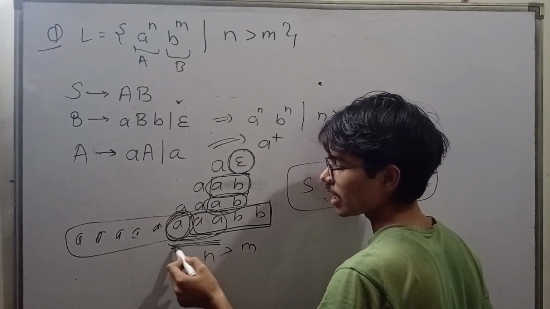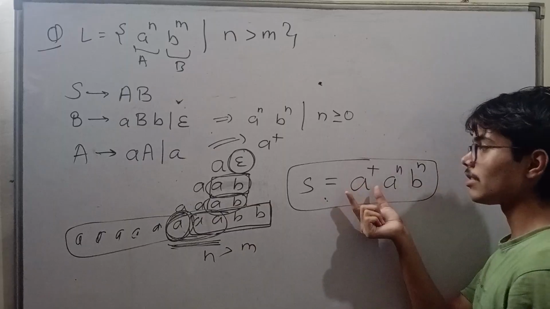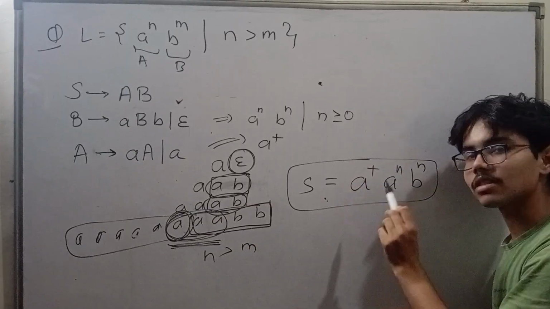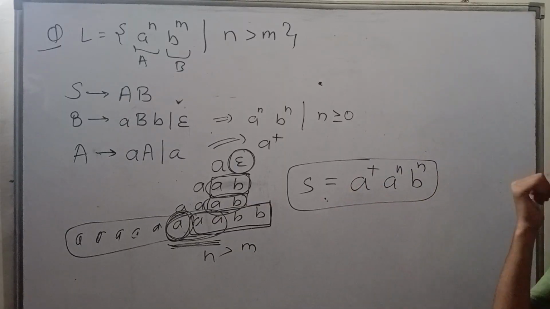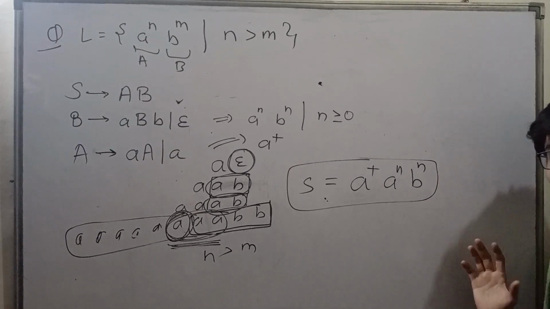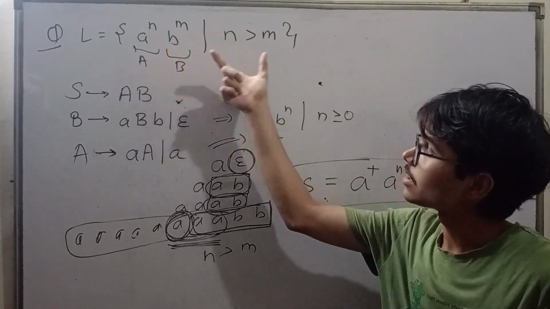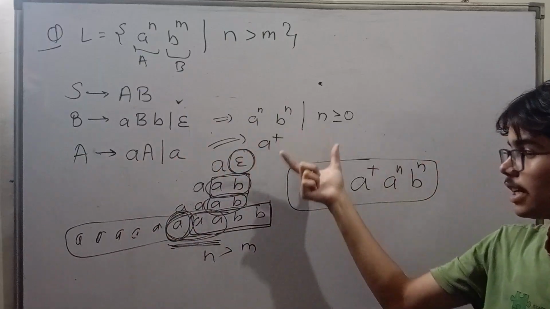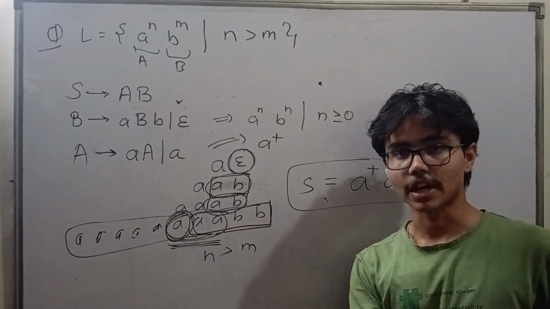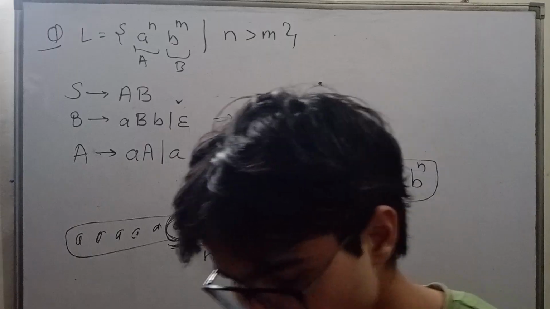That's why I write A plus. I hope you understand this. If you do not understand this, you can analyze this, see how this language is made, and all the things you can analyze on your own. So you can also understand this.